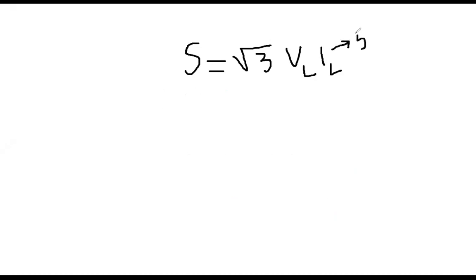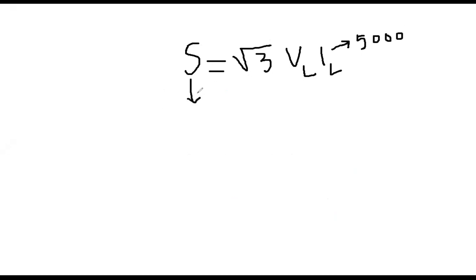At first, everybody, this is the equation for problem number 2, the first equation: S equals √3 VL IL. This IL is given, which is 5,000.